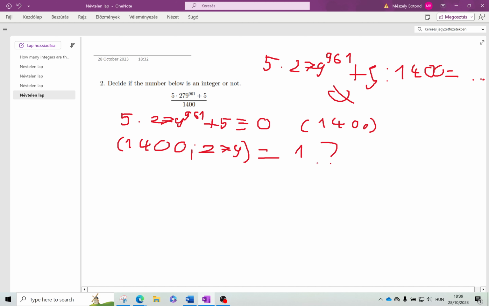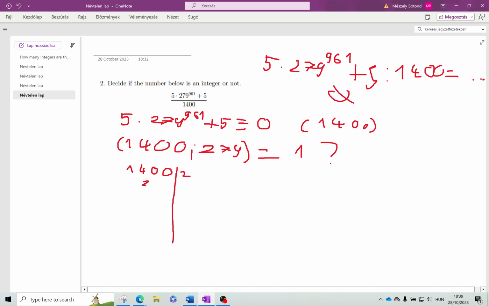That's the question. If not, then you can't use Euler-Fermat. If it's 1, then it's free to use, and usually it's the right choice. So how do we find that?